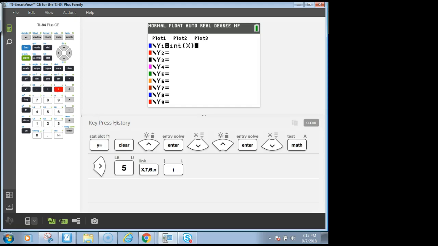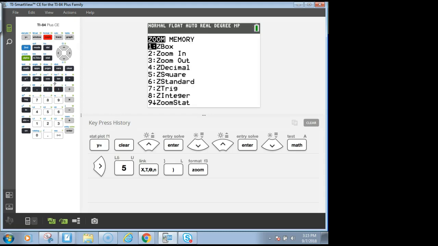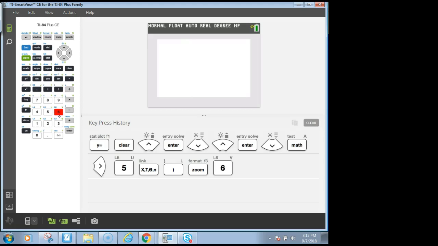The parent graph, okay? Now I'm going to hit zoom 6. Please stay with me. There's your parent graph. If you have an older calculator, it might look like they're connected. I think most of us have something that's not going to do that though, so that's good.